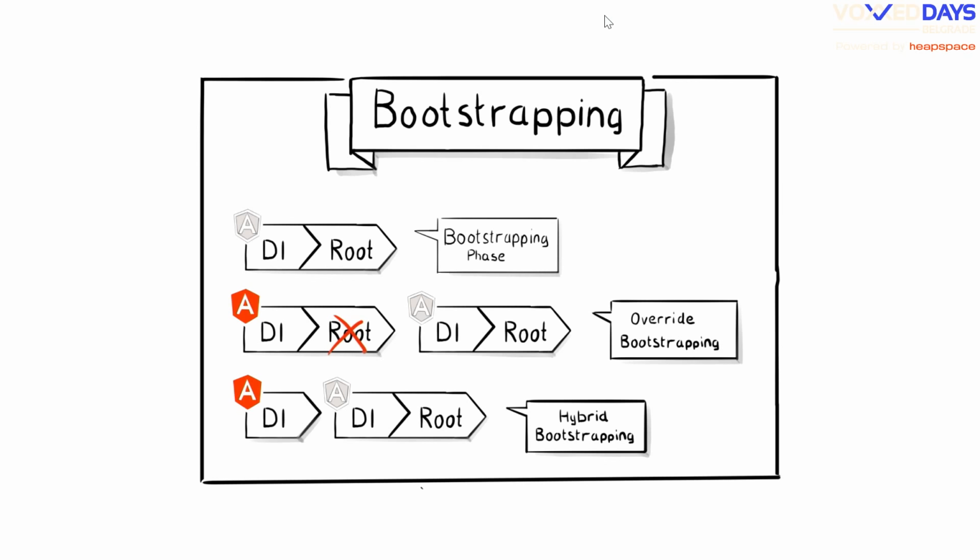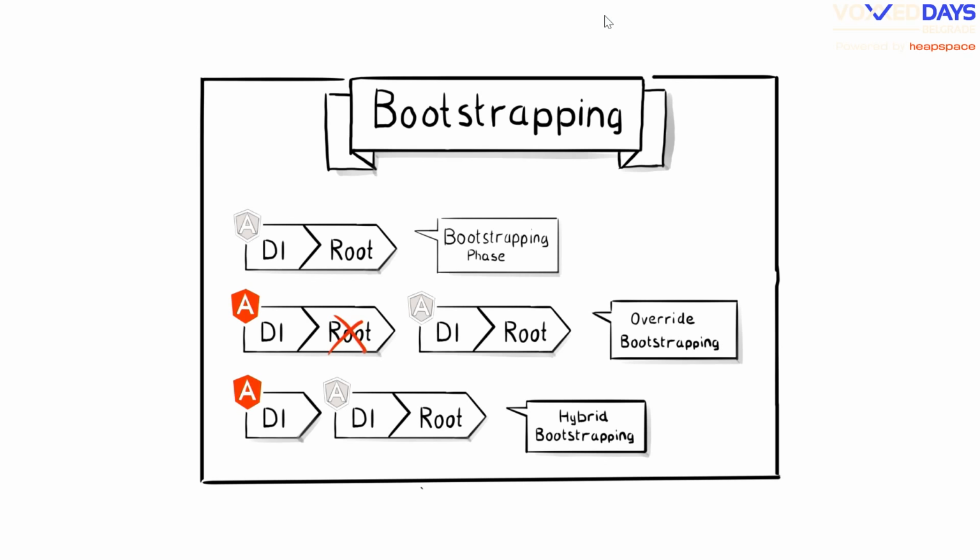That's a normal bootstrapping. So now on the second level, you see that we need both Angular frameworks loaded in parallel. And they both have the bootstrapping phase. And they both have a DI phase and a root phase where they look for the root component. But we don't want to have the application loaded twice. And we just have one root component.